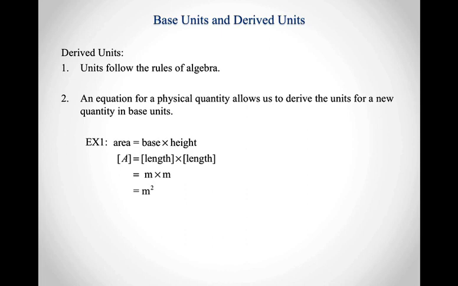So when I say the SI units of area, well, that's going to be the SI units of the base of some object, that's a length, times the SI units for the height of some object, that's also a length. So I get area by taking length times length in terms of units. And so in SI, the base unit for length is the meter.